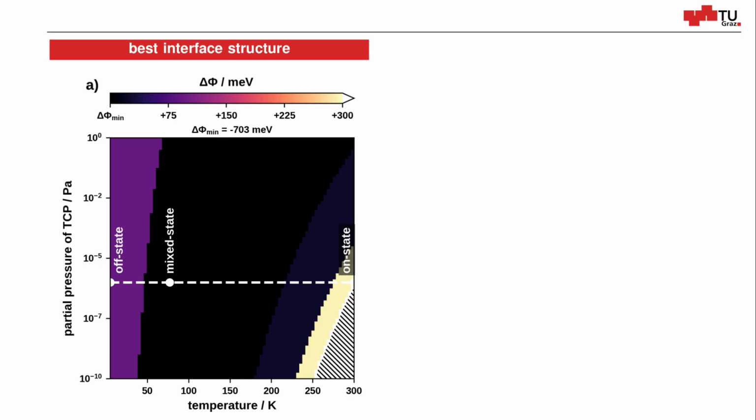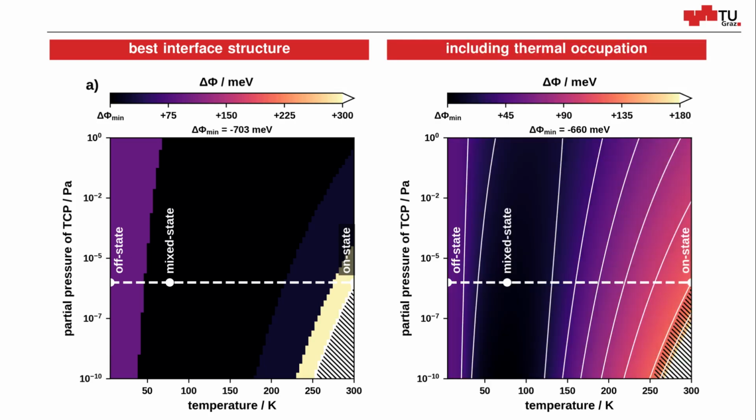Now, there is one further thing that we need to consider, and that is that at a finite temperature, there is a finite probability for structures other than the one with the lowest Gibbs free energy of adsorption to occur as well on the substrate. So if there is a larger area, we find a mix of different polymorphs that give us a mix of different properties. This is shown on the right-hand side, where you can see a more smoothed out plot.